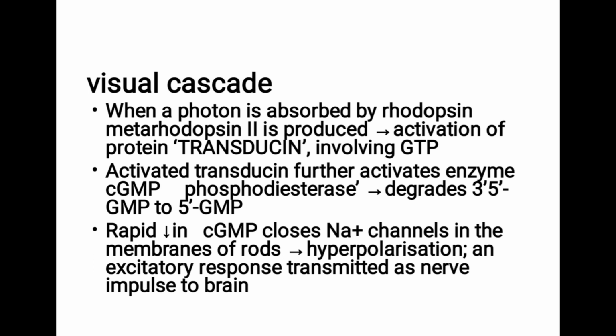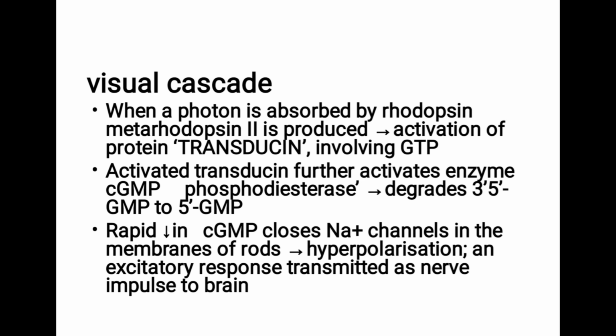So transducin is activated by metarhodopsin II, which is produced by rhodopsin. Activated transducin is a protein that further activates the enzyme cyclic GMP phosphodiesterase.